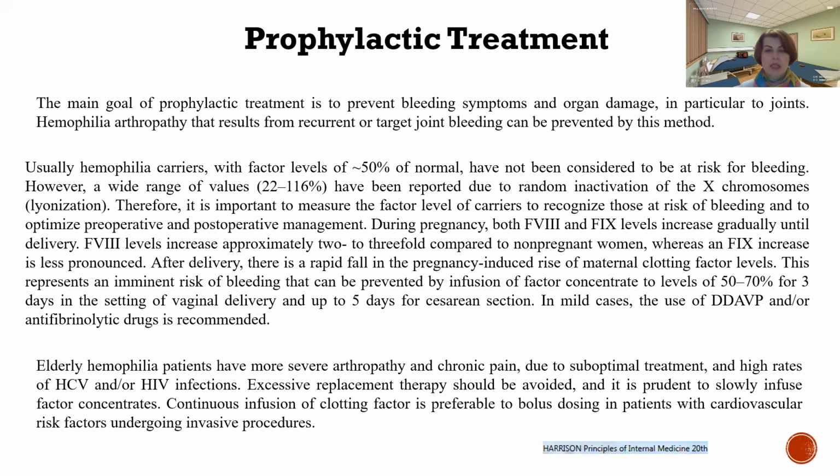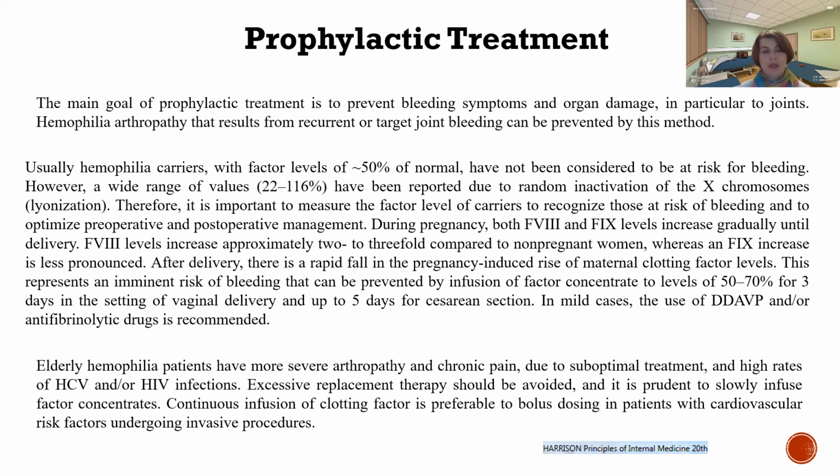During pregnancy, both factor 8 and 9 levels increase gradually until the delivery. Factor VIII levels increase approximately 2 or 3-fold compared to non-pregnant women, whereas the factor 9 increase is less pronounced. After delivery, there is a rapid fall in the pregnancy-induced rise of maternal clotting factor levels.